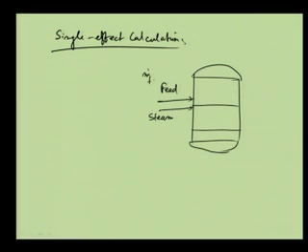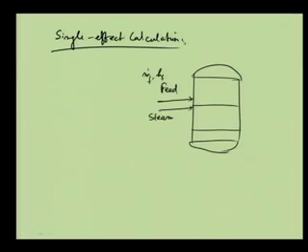F indicates the feed, m dot is the mass flow rate, and Hf is the enthalpy of the feed stream. Similarly, m dot s is the mass flow rate of the steam, and small hs is the enthalpy of the steam that is entering, and then there will be a condensate.